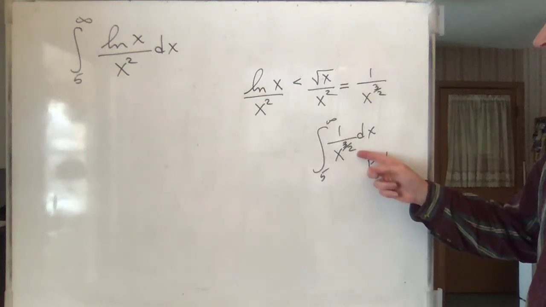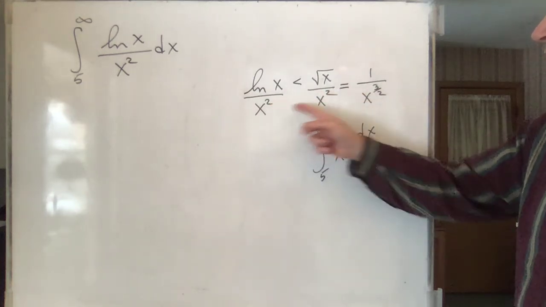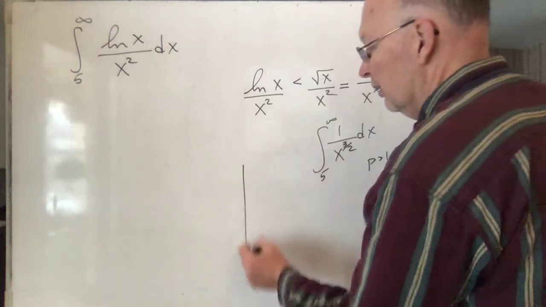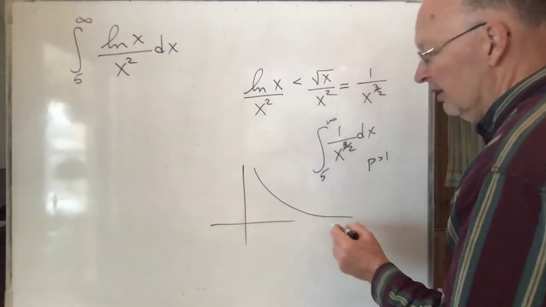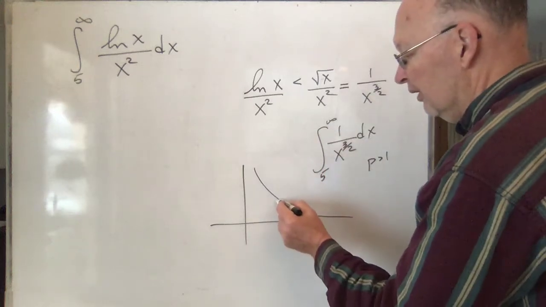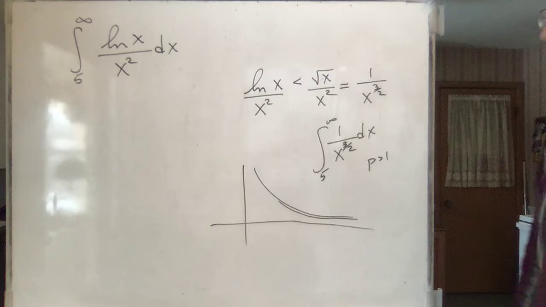And so since this thing converges right here, and since this function here is always less than or equal to this one, 1 over x to the 3/2 looks something like this. This one's going to be underneath it. The area underneath that also has to be finite. Okay?